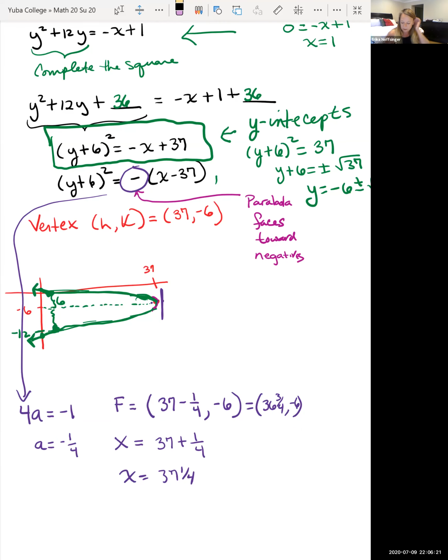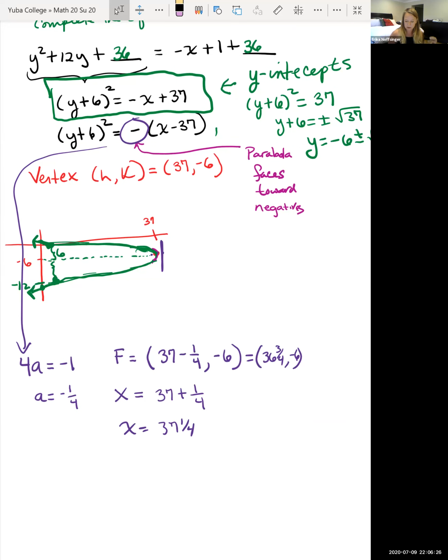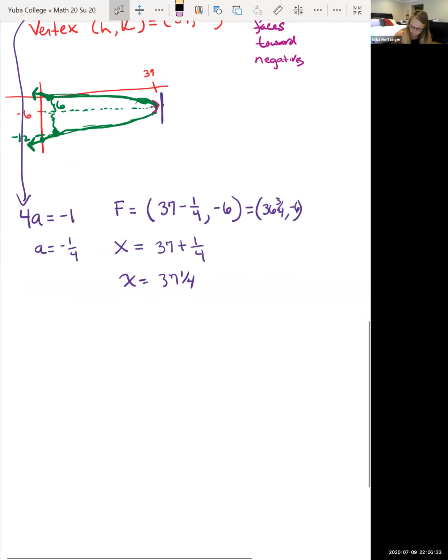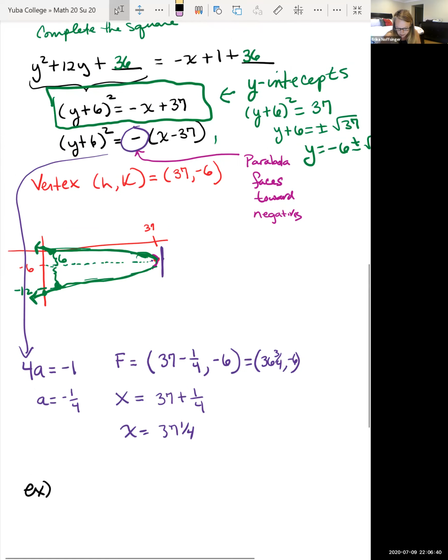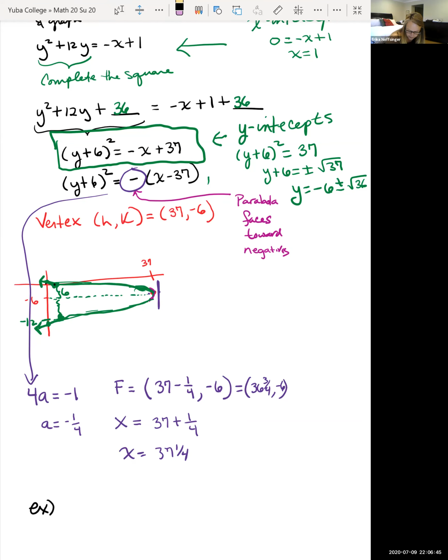So given information about a parabola or a conic section, you should be able to find the equation. I'm sorry, how'd you choose that point on the x-axis? Over here or over here? Yeah, the left side. How'd you choose those two?